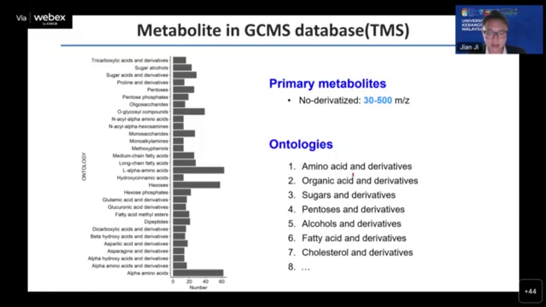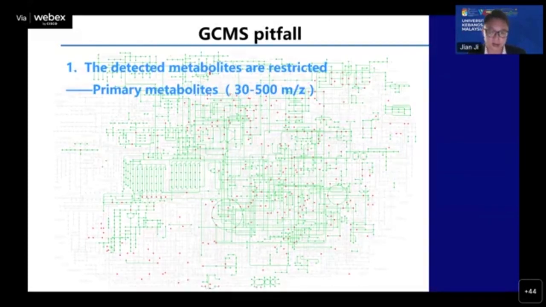Normally, they are amino acids, organic acids, sugars, pentoses, alcohols, fatty acids, and cholesterols, and their derivatized compounds. So these metabolites do not cover all the global metabolomics pathways. The detected metabolites in GCMS are restricted: just primary metabolites with molecular weight between 70 and 500.